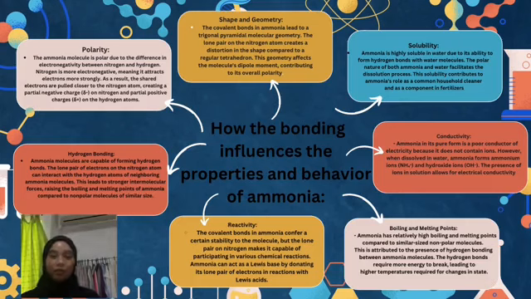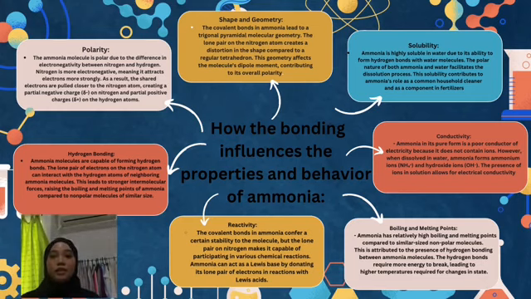The bonding in ammonia, which involves covalent bonds between nitrogen and hydrogen atoms, significantly influences its properties and behavior. So here's how. First is polarity. The ammonia molecule is polar due to the significant difference in electronegativity between nitrogen and hydrogen. Nitrogen is more electronegative, meaning it attracts electrons more strongly.